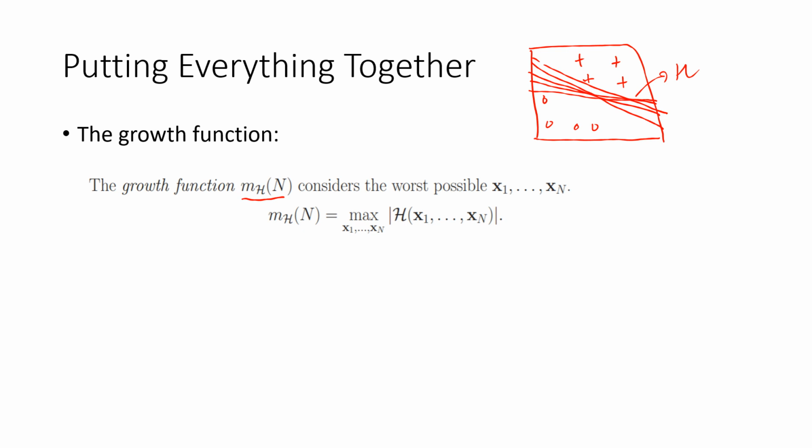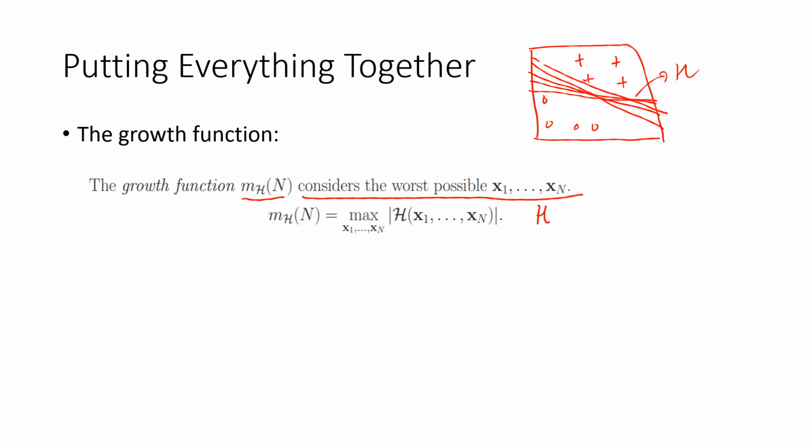And we found that in the previous lecture. So going back to the growth function, what it did was consider the worst possible x1 up to xn, basically n data points, and find the number of dichotomies that could be implemented by this hypothesis set H. Basically we picked n points and implemented all dichotomies that are possible on those n points, and that tells us how diverse my H is, right?